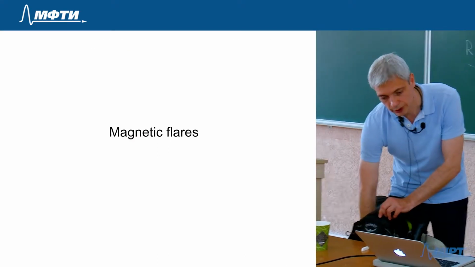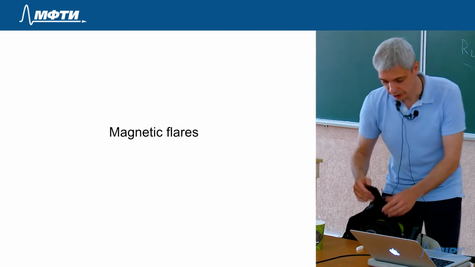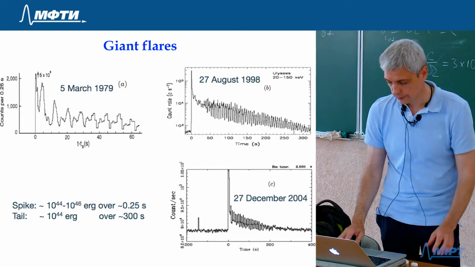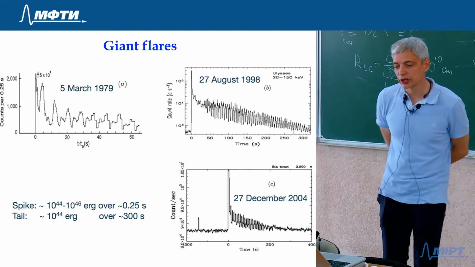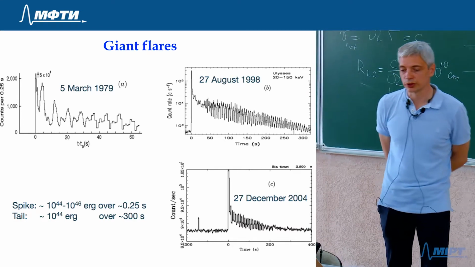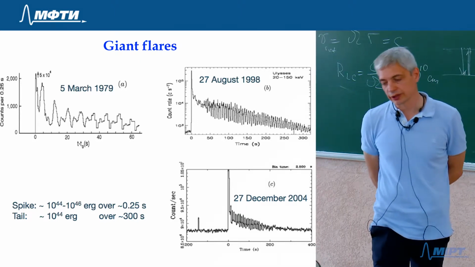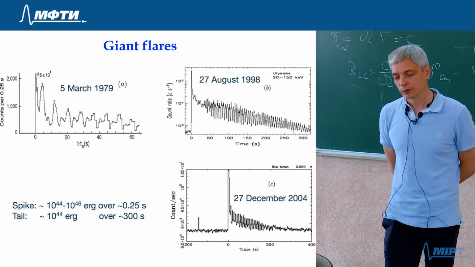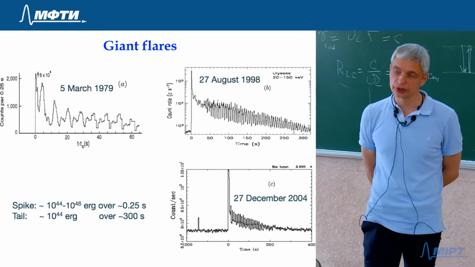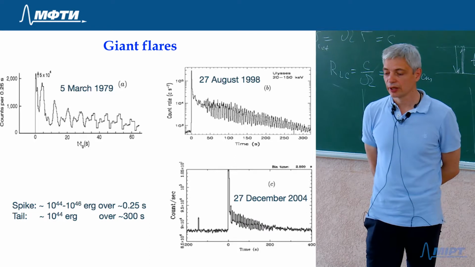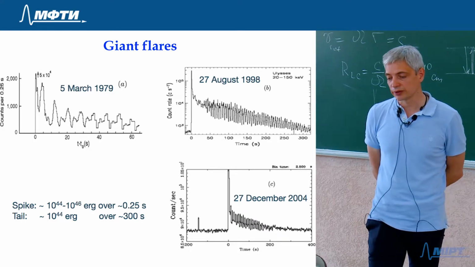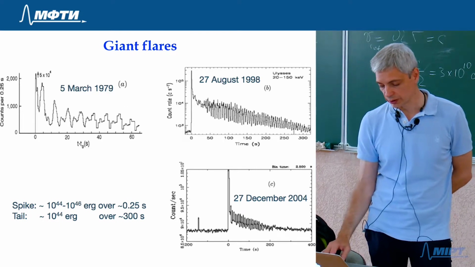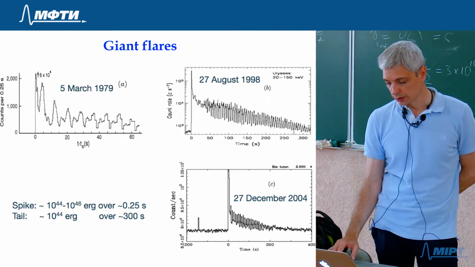Let me tell you more about magnetic flares, and in particular giant flares. These are the most impressive phenomena, of course, that we see. I discussed yesterday the March 5th event. That's the discovery of magnetars, basically. There are 2 other giant flares with very similar light curves, similar power.